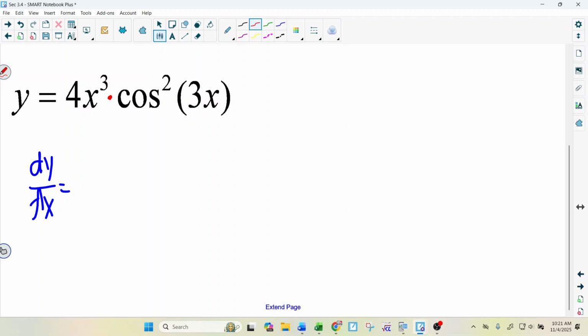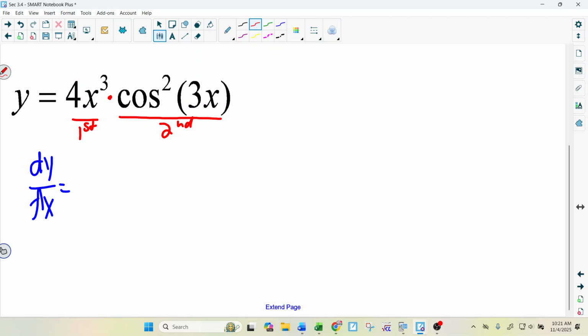So we have the derivative of the first times the second, and then the first times derivative of the second. And when we take derivative of the second, we have to use chain rule. So this is chain rule inside of product.